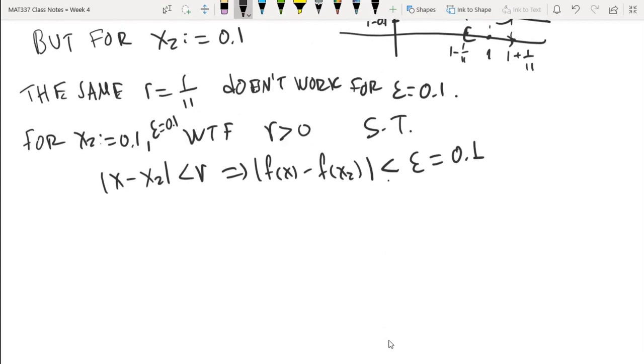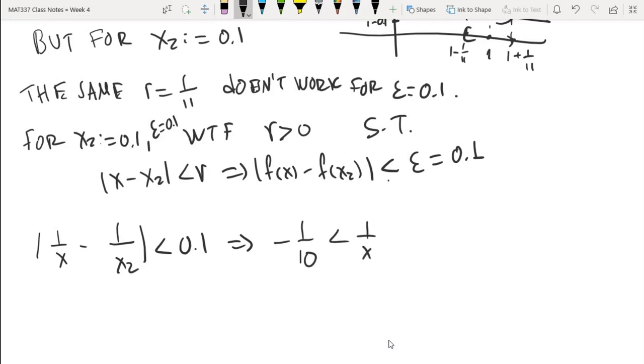Okay. So again, this is 1 over x minus 1 over x2. And let's see. So you have minus 1 over 10, 1 over x, and 0.1, and 1 over 10. So we reverse engineer.